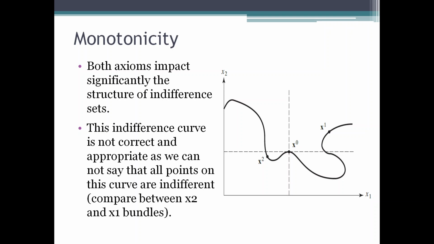We cannot say that X2 and X node will give me the same level of satisfaction, because simply X node has more quantities of all commodities compared to X2, and the same for X1. So definitely this is not an appropriate indifference curve. This is the importance of both axioms of local non-satiation and monotonicity.